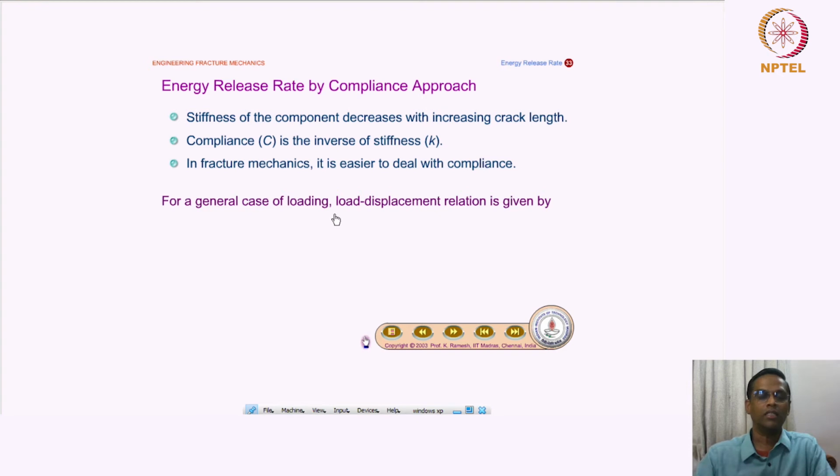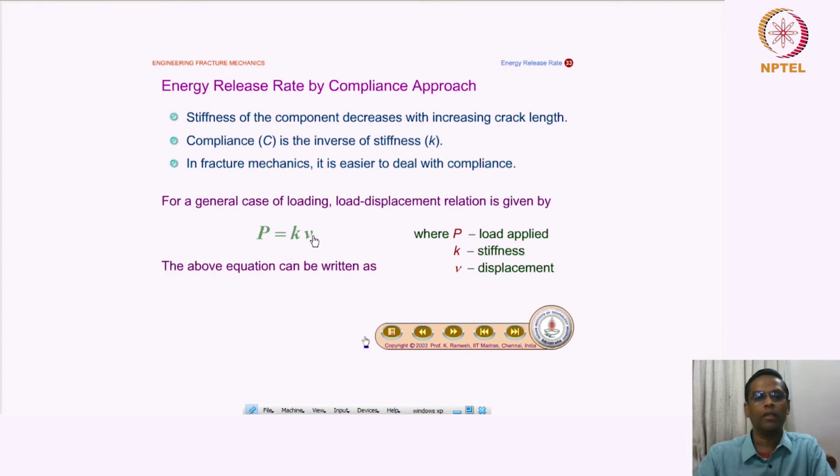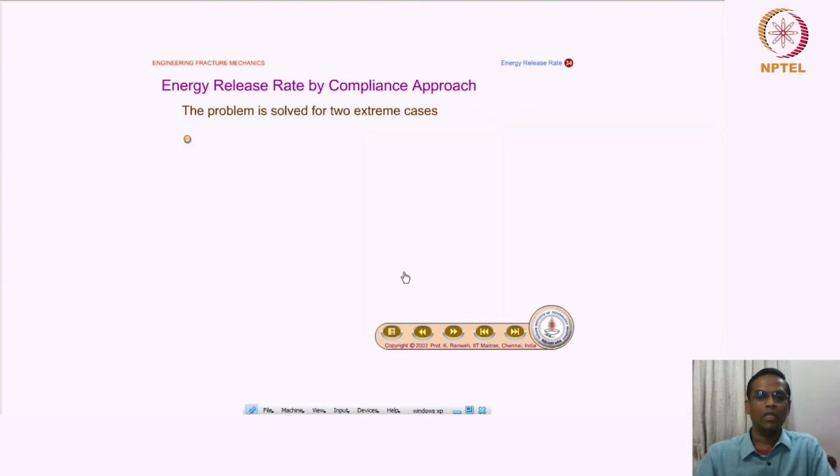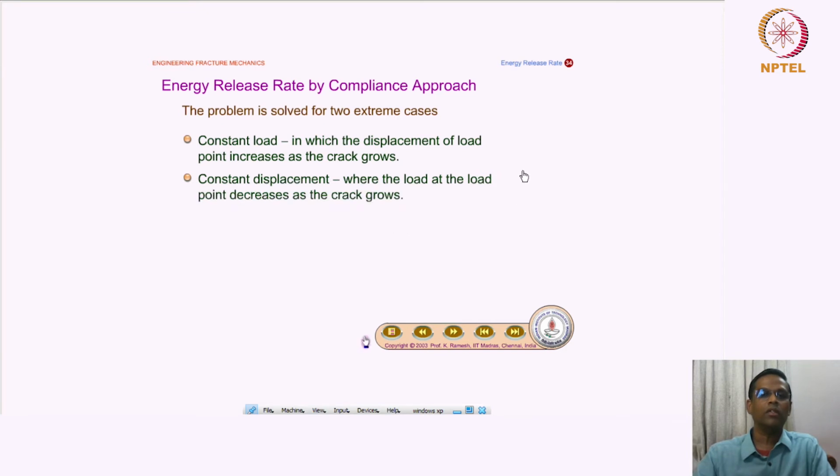For a general case of loading, the load displacement relation is given by P is equal to K into V, where P is the applied load, K is stiffness, and V is the displacement. And the above equation can be written as V is equal to 1 by K times P, or V is equal to C times P. So this is a simple compliance equation, and we will now use this equation to write the energy release rate.